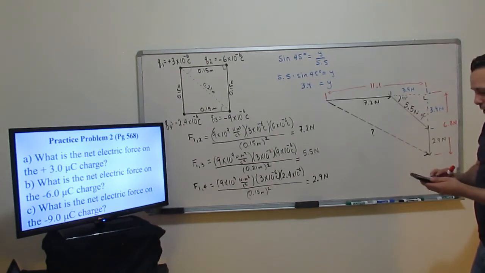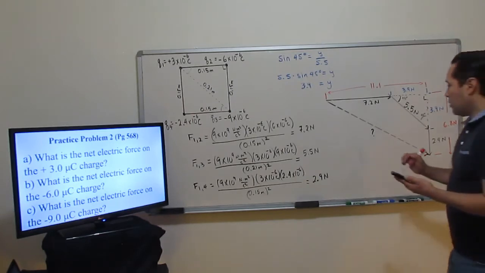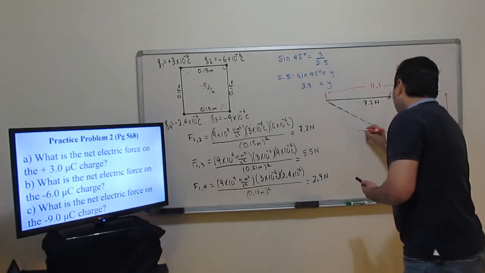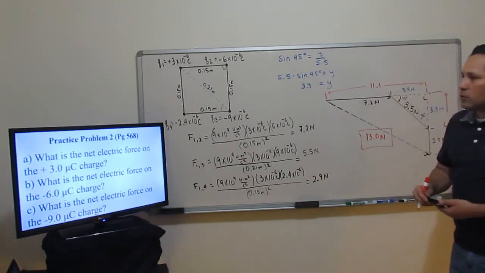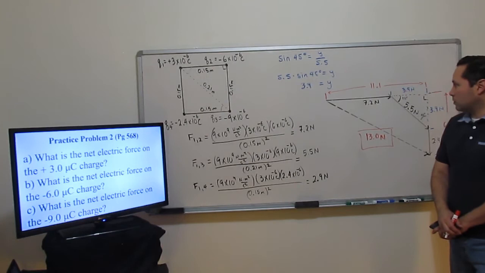So that's going to be 11.1 squared plus 6.8 squared, and then I take the square root of that answer. It gives me 13.0. And that is the answer for practice problem number 2 on page 682.